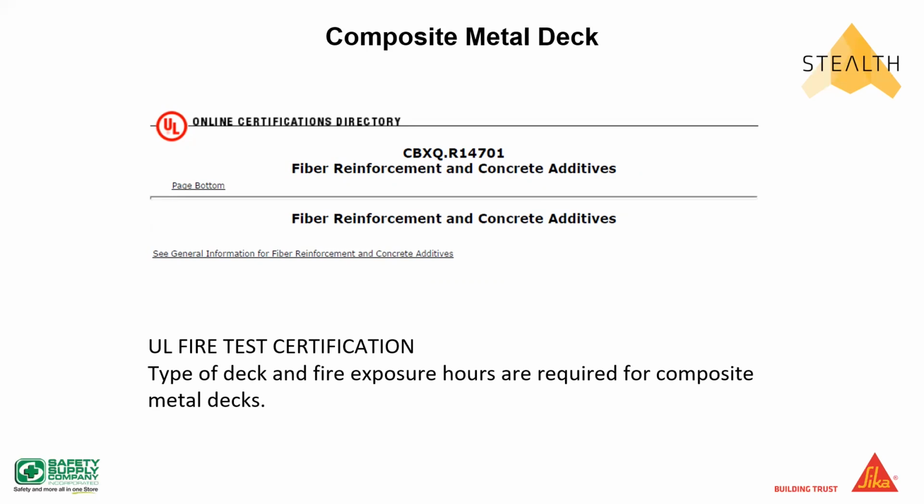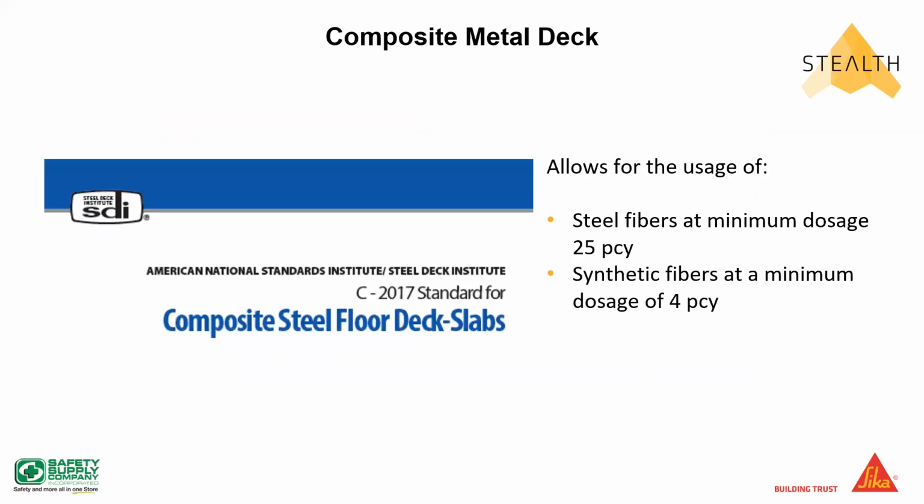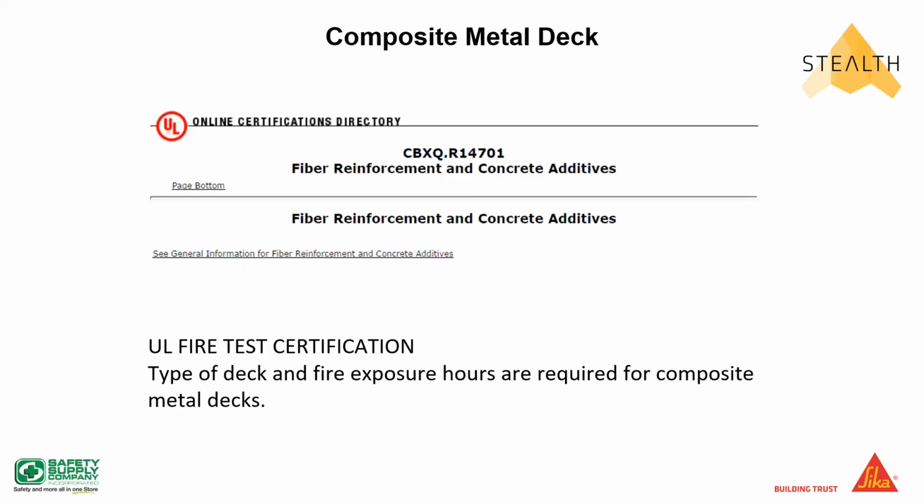My Stealth product, we have a UL certification on. So if you are required to meet the UL certification on an elevated deck, make sure that any fiber you're using meets that. Not only will it have to meet the UL, it has to meet those minimums as well. So again, fibers aren't just used for slab on grade. They're used for elevated slabs as well.